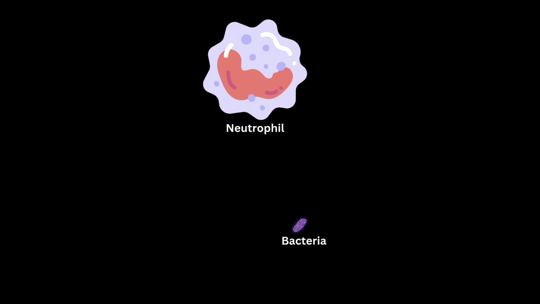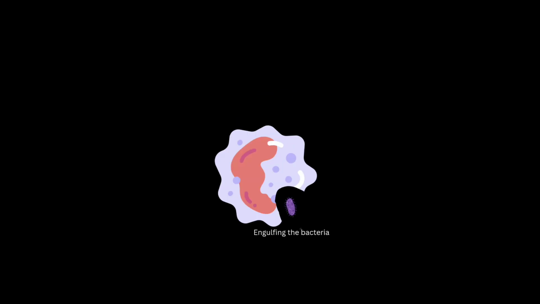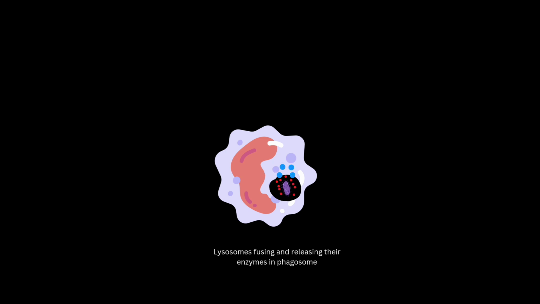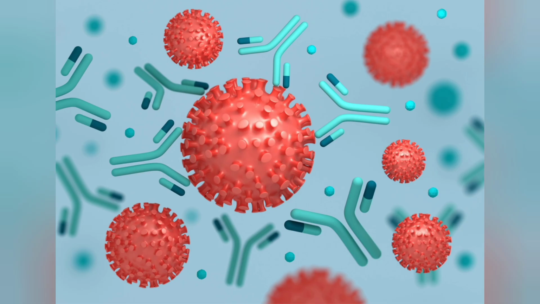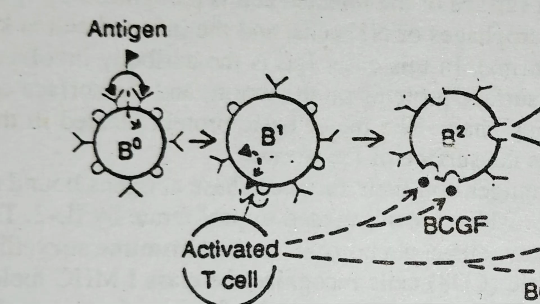Now let's talk about the neutrophils. The neutrophils engulf the pathogens, disintegrate them, and drain their remains into the lymphatics. Through the lymphatics, some of the antigens reach the B cells. B cells have receptors on their surface called B cell receptors, which are actually immunoglobulins, and these include IgM and IgD.